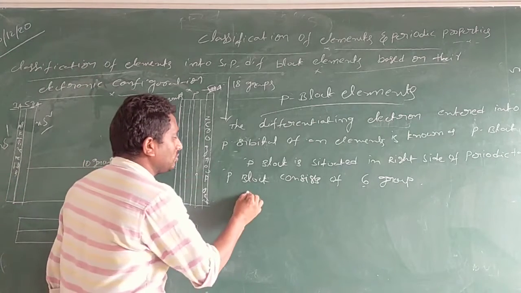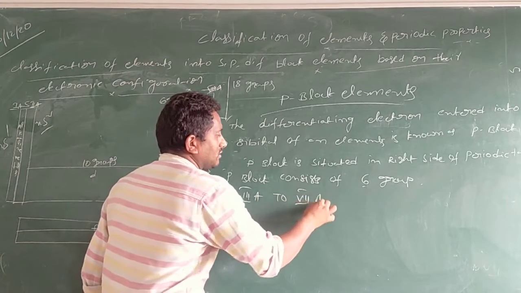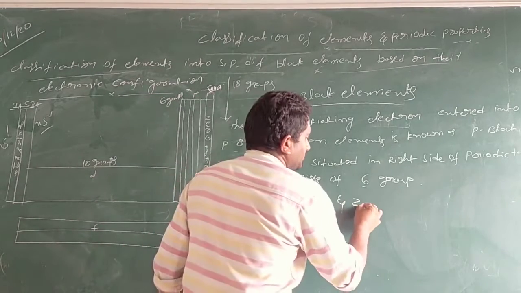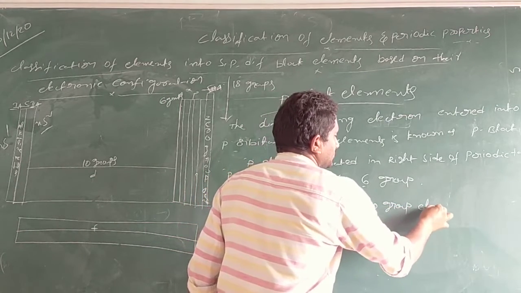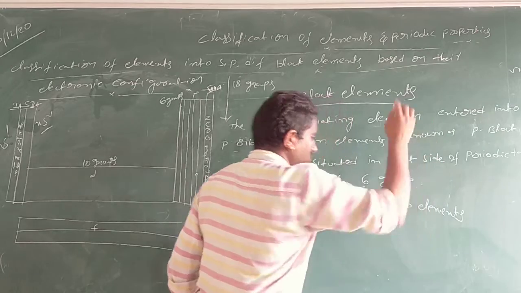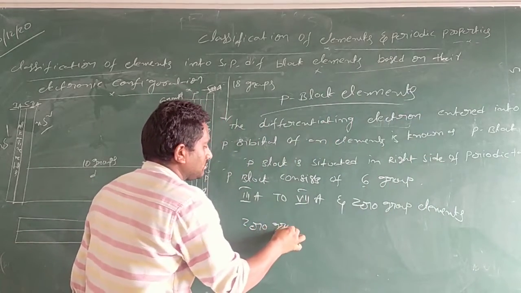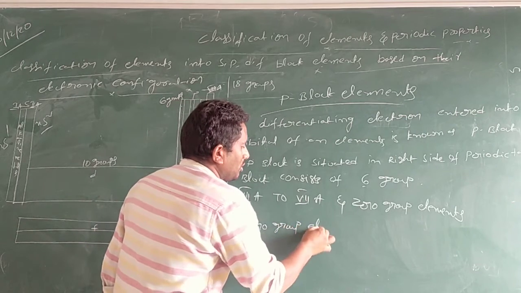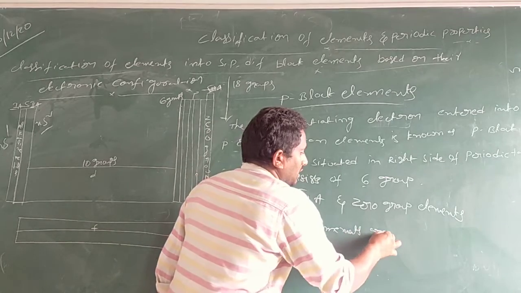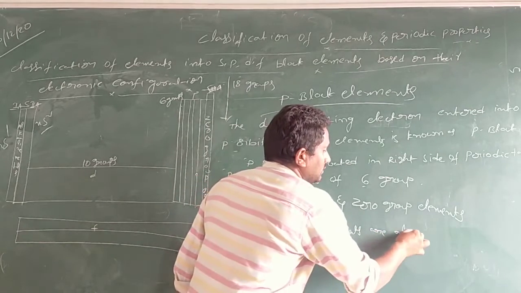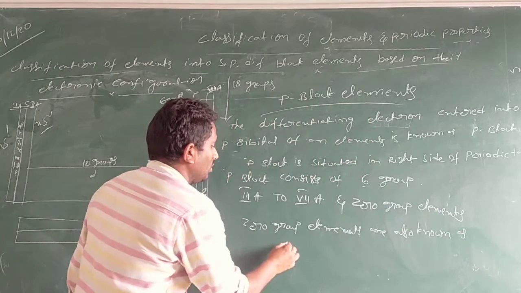So, groups 3A to 7A and 0 group elements. Zero group elements are also known as noble gases.